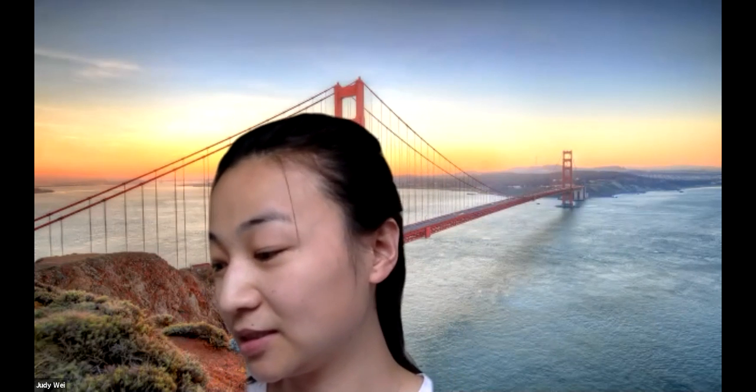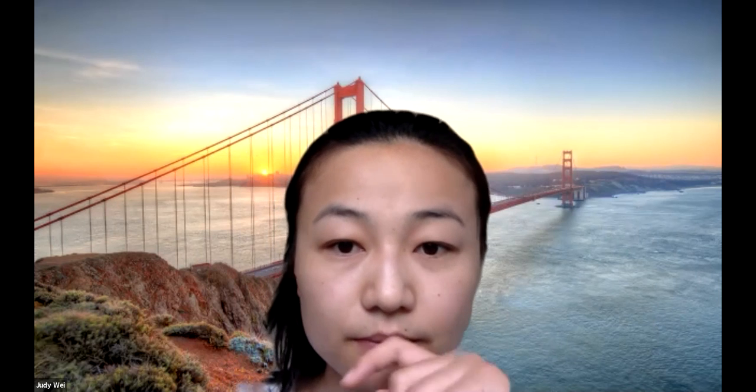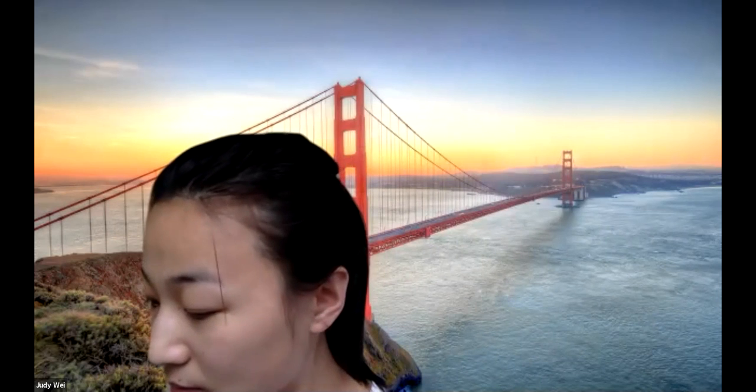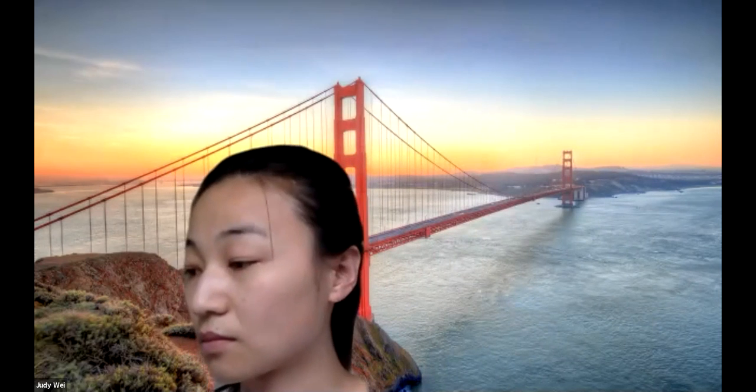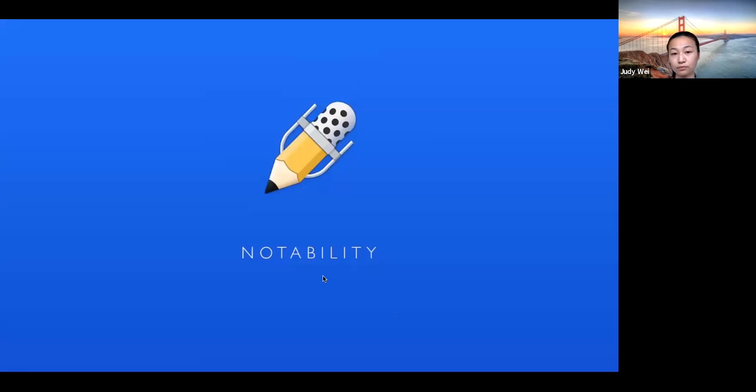How can I share my screen? You guys can see my screen?